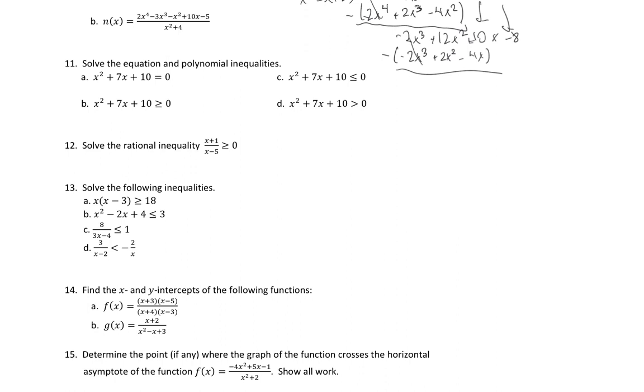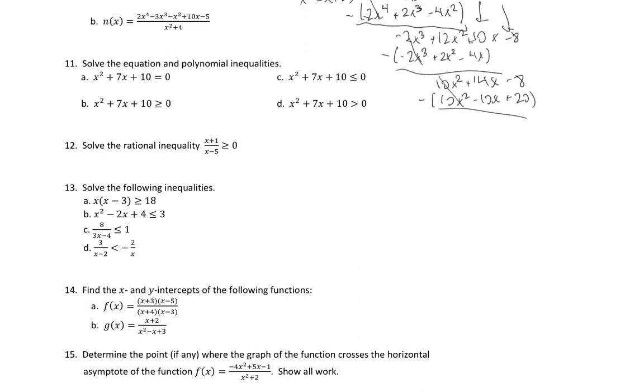12 minus 2x squared is going to be 10x squared. 10 minus minus 4 becomes 10 plus 4, so we get plus 14x. Then we bring down a minus 8. And so now, what do we multiply x squared by to get to 10x squared? It's going to be 10, so 10x squared minus 10x plus 20.